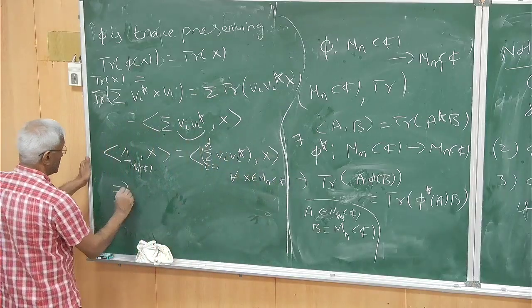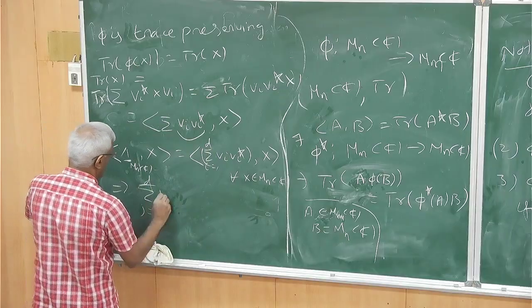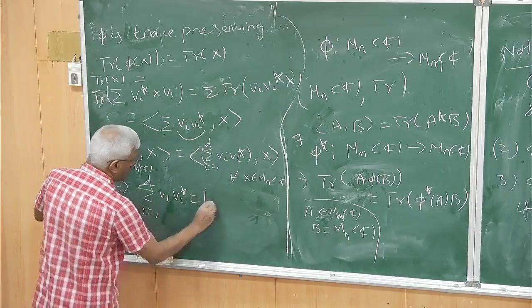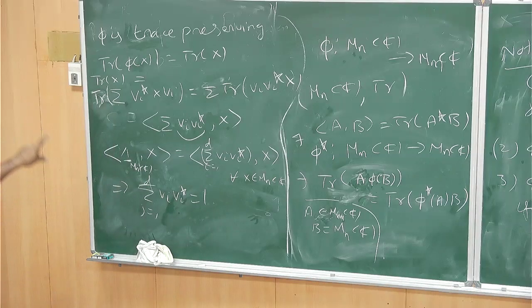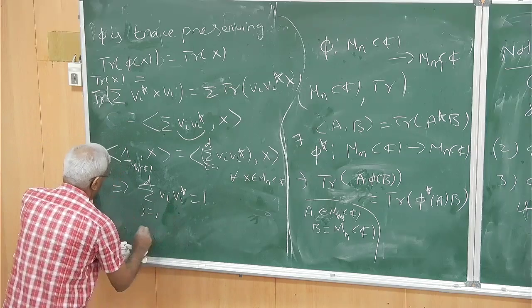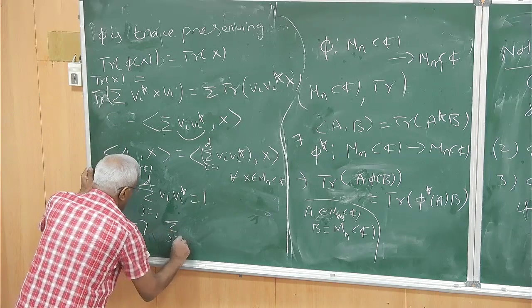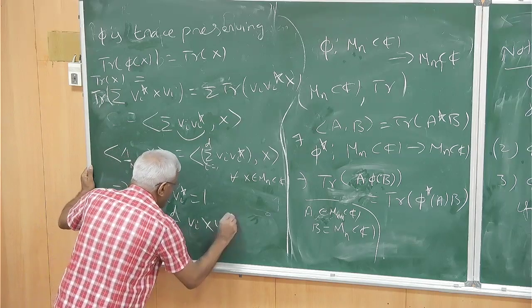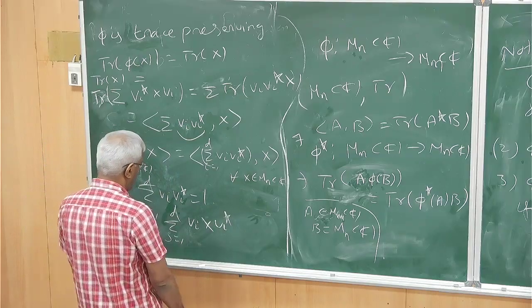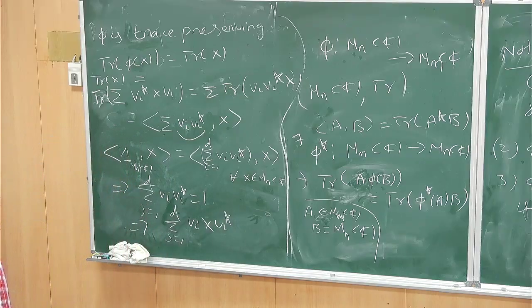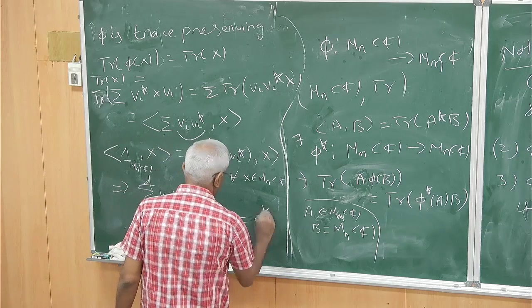Okay. So this implies summation over j equal to 1 to d, vi star vi equal to 1. Okay. So if it is trace preserving, then this is equal to 1. But this implies summation j equal to 1 to d, vi x vi star equal to phi star of x.